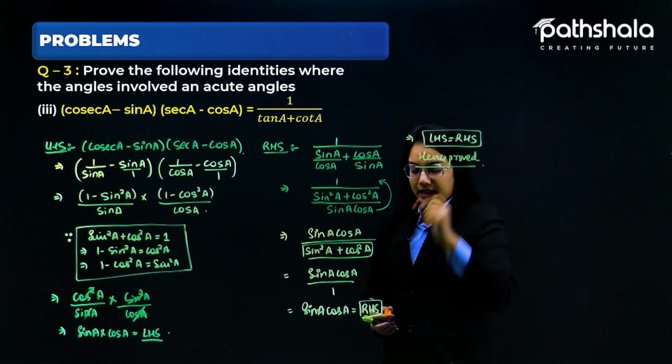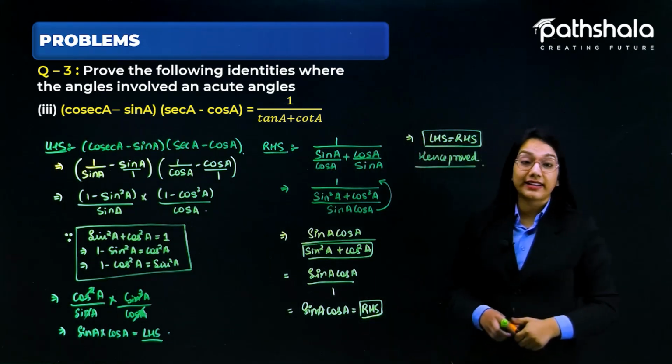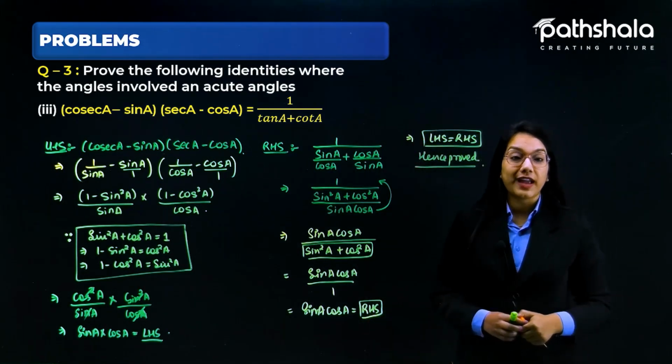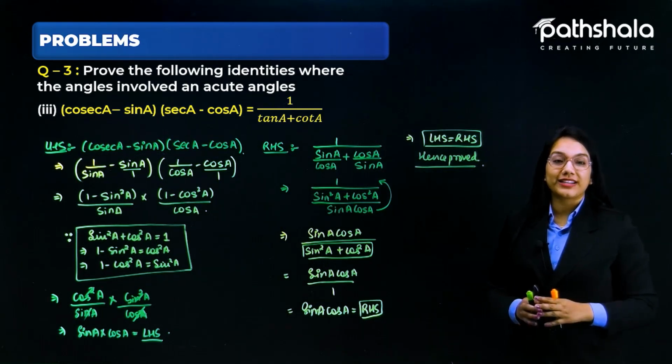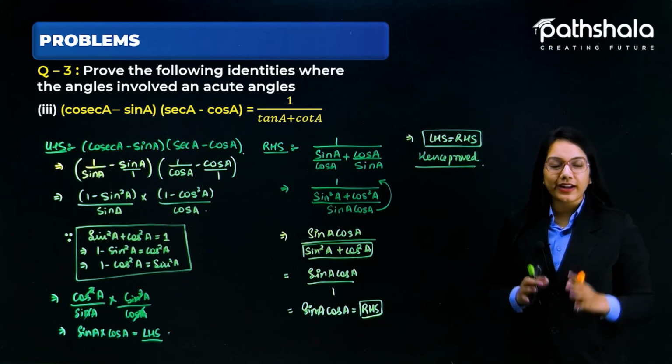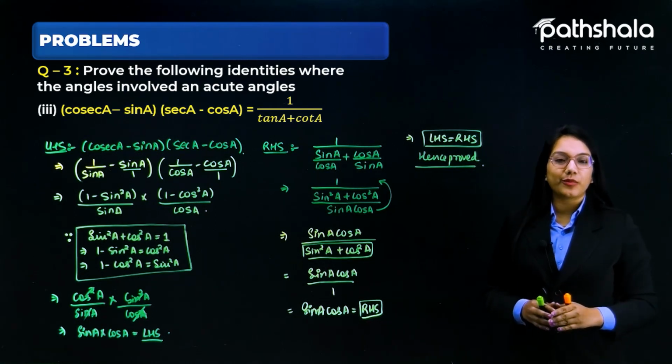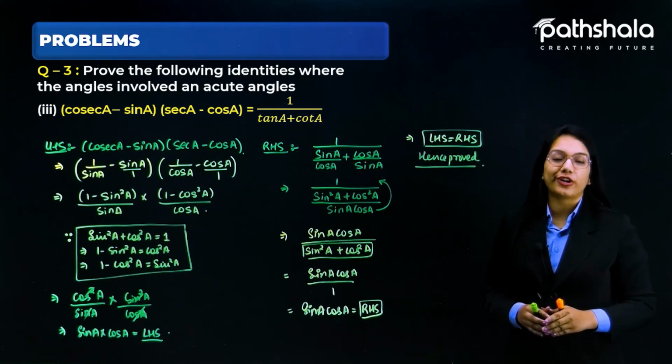The left hand side is equal to the right hand side using the concept of the algebraic identity. With this, we have reached the end of our chapter, the introduction to trigonometry.